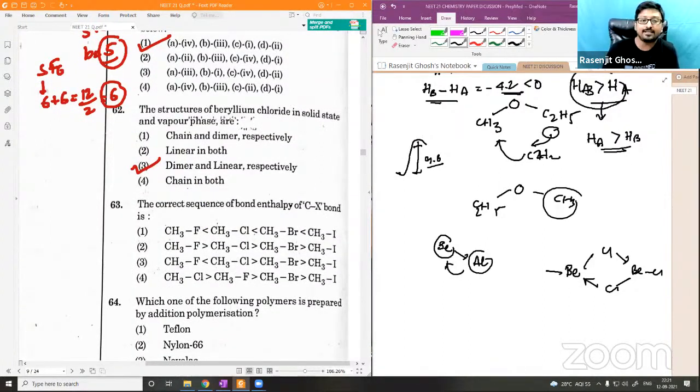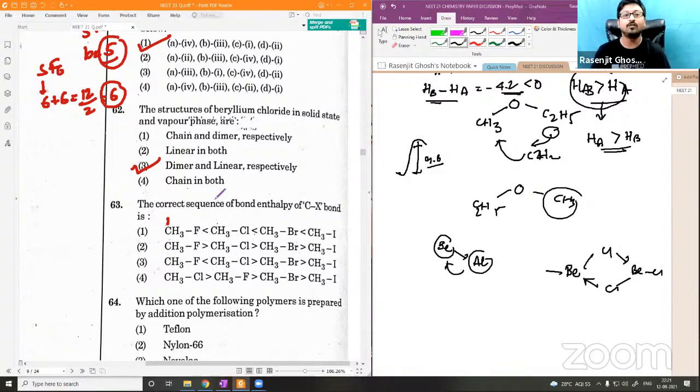63. The correct sequence of the bond enthalpy in the C-X bond. First of all, you have to understand one thing here. C-X means carbon with halogen. Carbon always makes a sigma bond with halogen via the p orbitals, right? So here the carbon has a 2p orbital and fluorine also has a 2p orbital. So the C-F bond will be very strong. Now, if you go down the group from fluorine to chlorine to bromine to iodine, the size of the atom increases and the orbital mismatch tendency also increases.